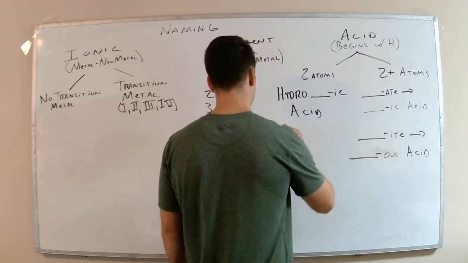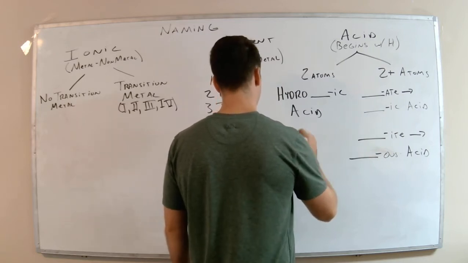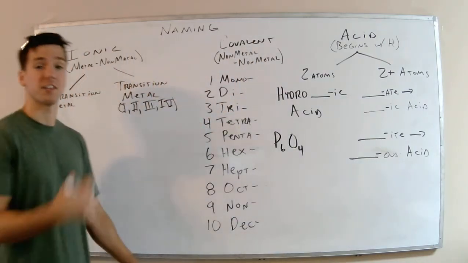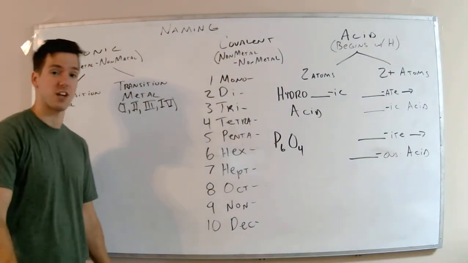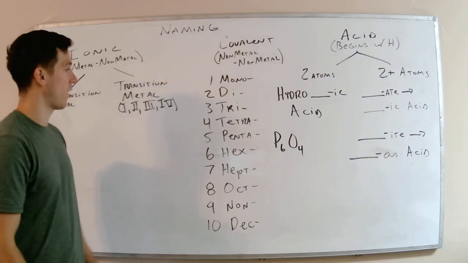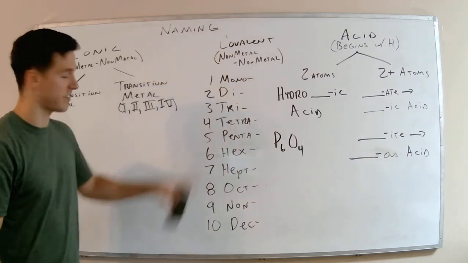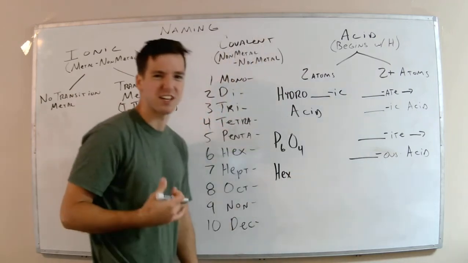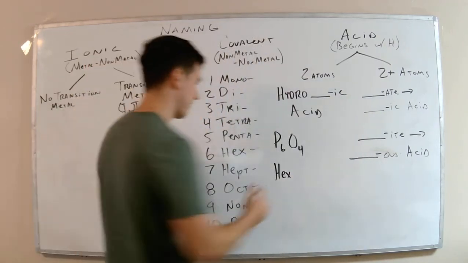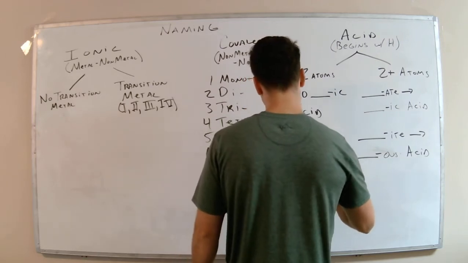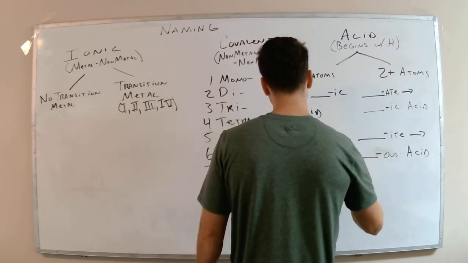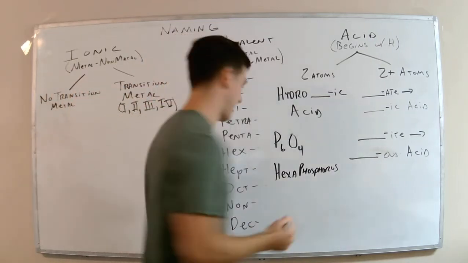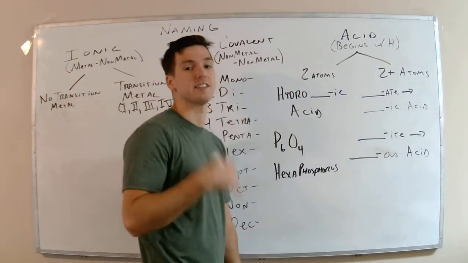Let's do P6O4. I look at this and see that phosphorus and oxygen are both nonmetals, so I go ahead and name these. 6 is hex, but hex phosphorus sounds weird, so we say hexaphosphorus. And 4 is tetra, so it's tetroxide, not tetraoxide.